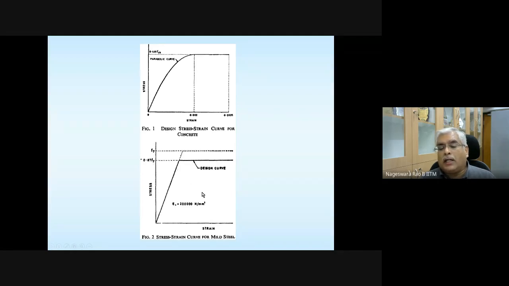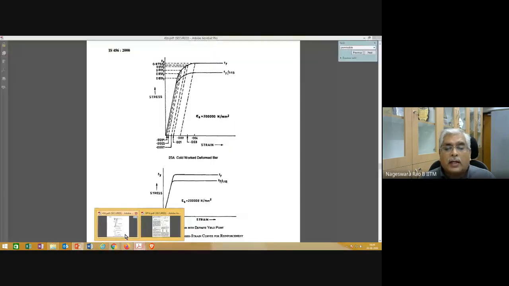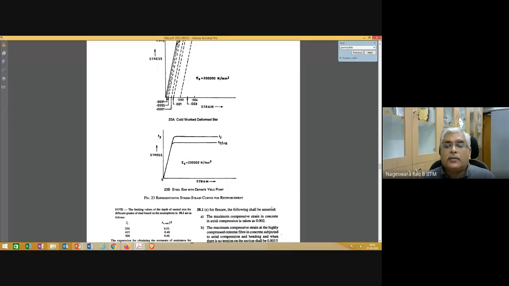Anyway, let me show you the curve that is given in IS 456. Here, Fy, and then the design curve is obtained by Fy divided by 1.15.